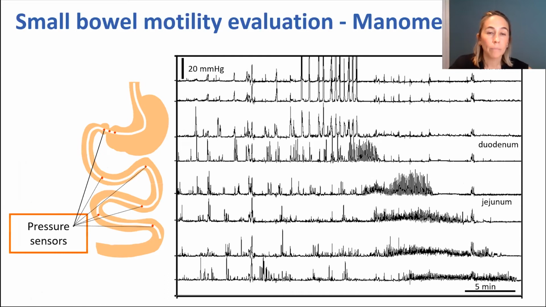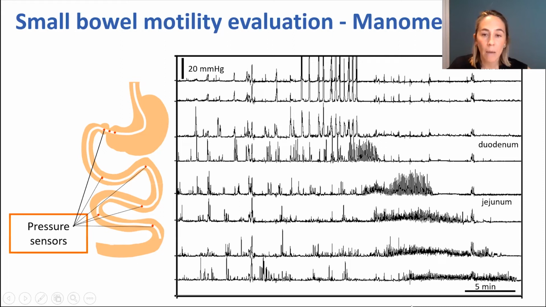So how can we measure small bowel motility directly? The gold standard test is intestinal manometry. Here in this slide, you can see a standard manometric catheter placed in the small bowel. We have 3 sensors in the antroduodenal region and 5 in the small bowel. And this is a normal recording during fasting.